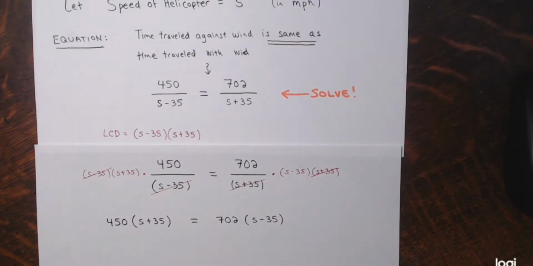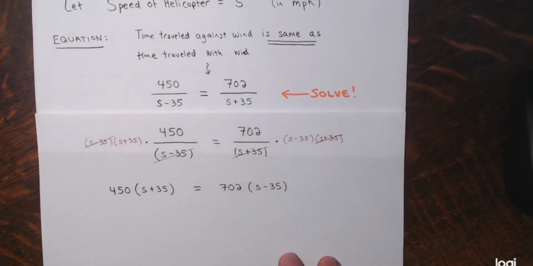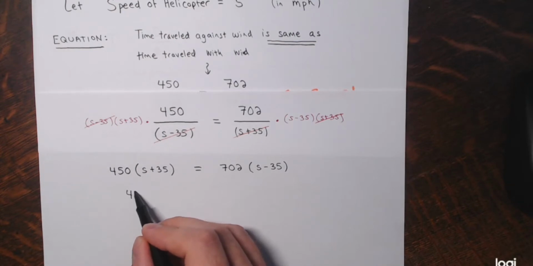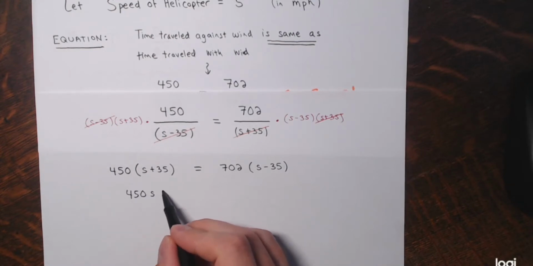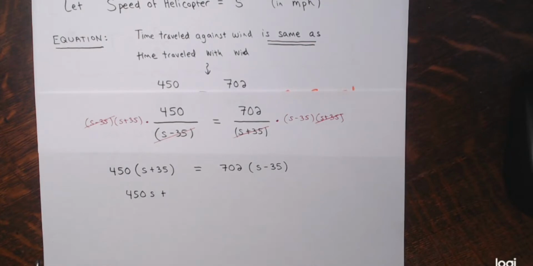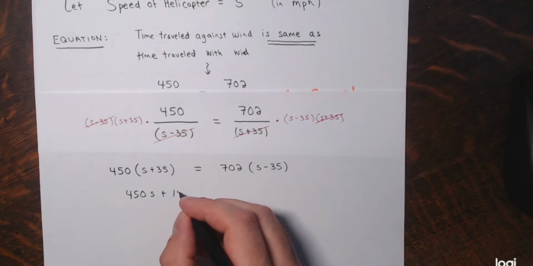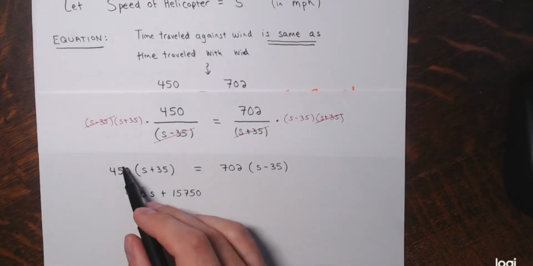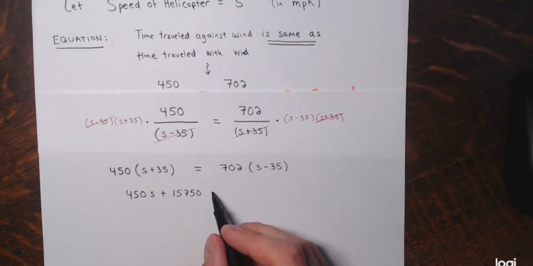All right, now I'm going to pull out a calculator. This is just off to the side. I don't need to take up your screen with it, but distributing the 450 on the left, we'd have 450 times s plus 450 times 35, which would be 15,750. That's 450 times 35.